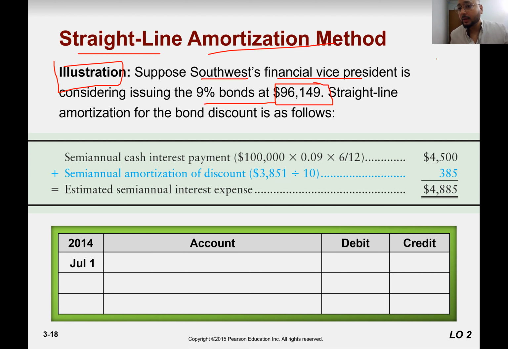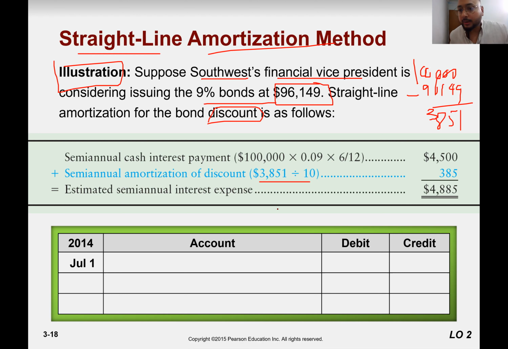What does it mean? It means they are already issuing it at a discount. So remember the discount would be 100,000 minus 96,149. The answer would be 3,851.